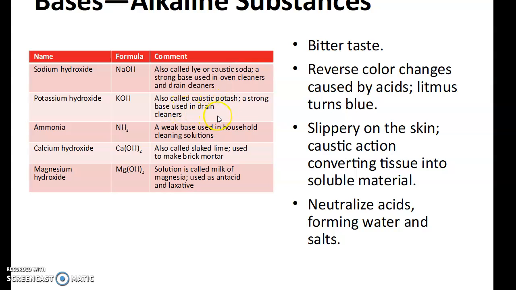It's a very strong one, used in drain cleaners. This is also used for stump removal. Ammonia is a weak base, used in household cleaners. That's your window cleaning solution. Calcium hydroxide is called slaked lime. It's used to make brick and mortar. Magnesium hydroxide is called milk of magnesia, an antacid or a laxative, right?